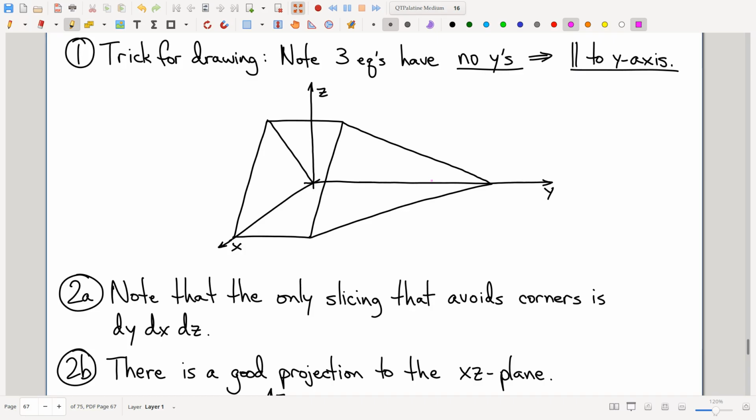So, for example, if you start slicing perpendicular to the y-axis, your slices look like that until you hit this corner, after which your slices look qualitatively different, because you slice through a corner and it's different faces that give the resulting edges. Everything's different. So that's a bad way to slice. You don't want to put dy on the outside. Everybody see what I'm talking about there?